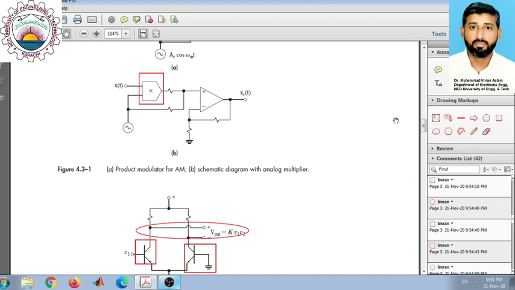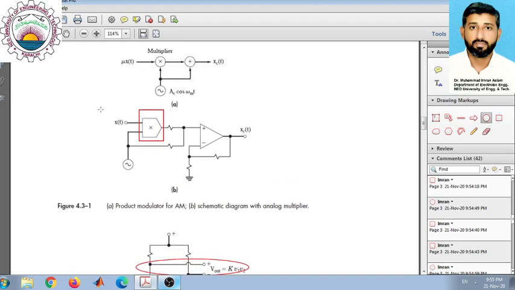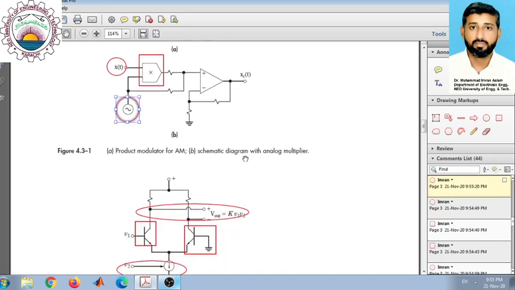You should notice that for multiplication we are talking about two different voltage waveforms. One is x(t), which is representing the message signal, and the second is the carrier wave. So message and carrier wave are two different voltage waveforms.